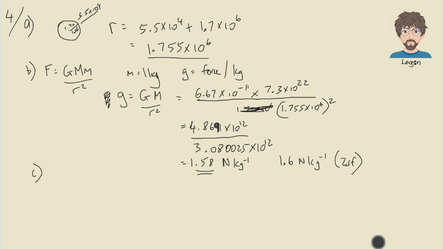Okay, part C. Show that the orbital speed is 1,700 meters per second. All right, so here we've got this idea again that the weight force is equal to the centripetal force. Now, we haven't been given the mass of the satellite, but if we put the two equations in, we'll get this.